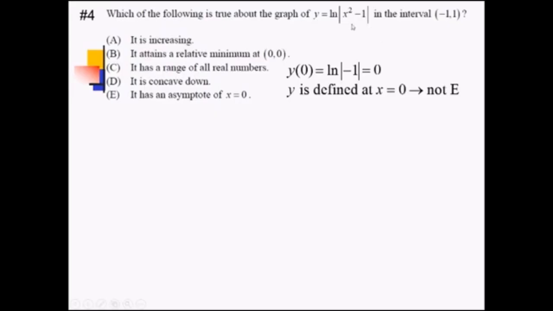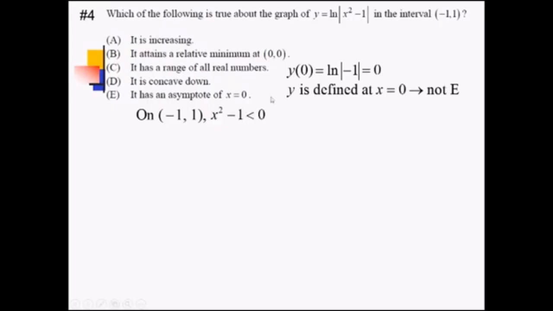Now the key on this is I'm on the interval from negative 1 to 1. On that magic interval, I'm plugging in numbers between negative 1 and 1, which means that inside here, if I'm plugging in numbers between negative 1 and 1 and squaring them and then subtracting 1, I'm always going to be doing something smaller than 1 minus 1, which is to say I'm always going to get a negative answer out of that.